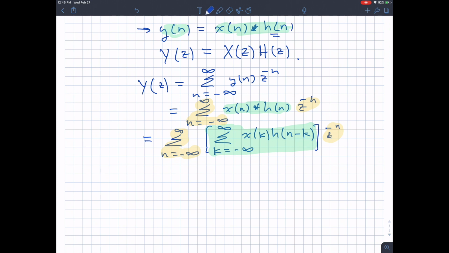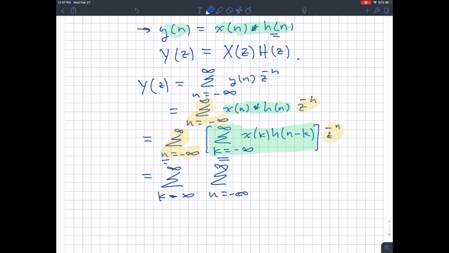Okay? From there, the next trick is always, or it seems like it's always, to interchange the order of summation. Instead of summing over the k variable first, sum over the n variable first. So we're going to switch the order of these: k equals minus infinity to infinity, then sum from n equals minus infinity to infinity.